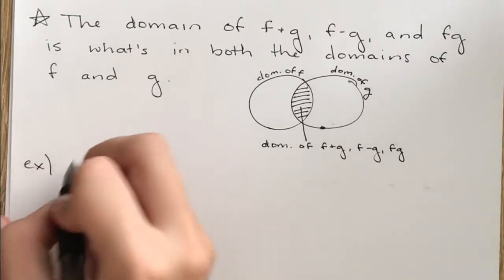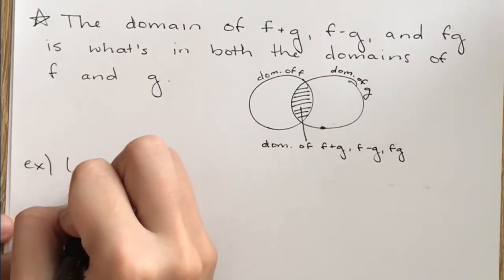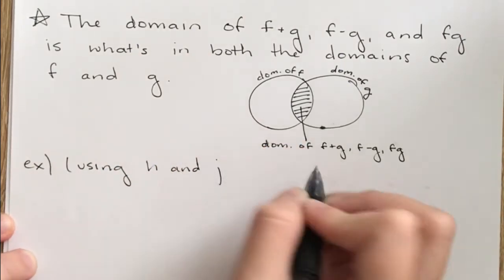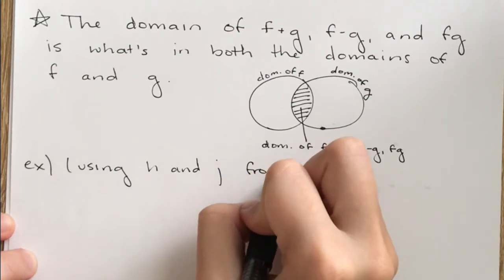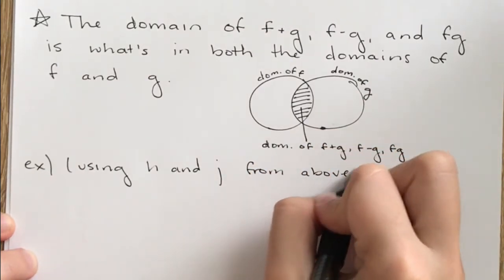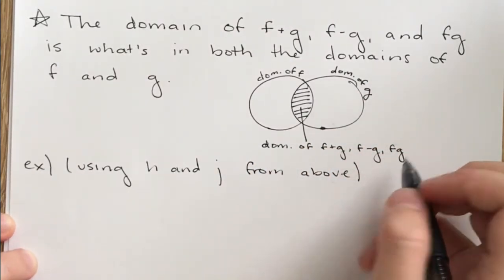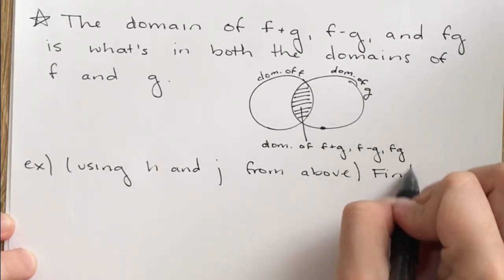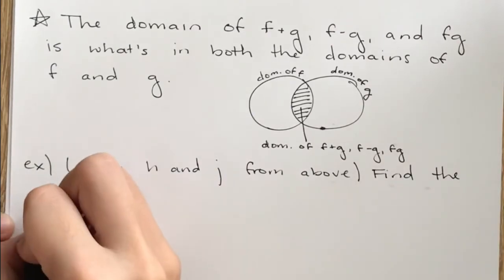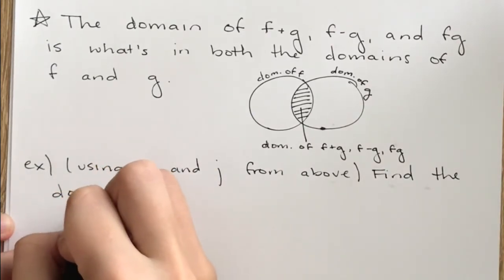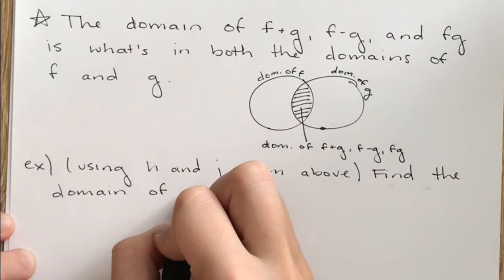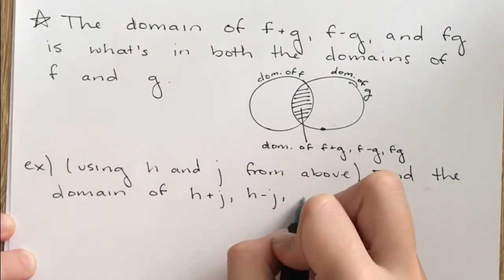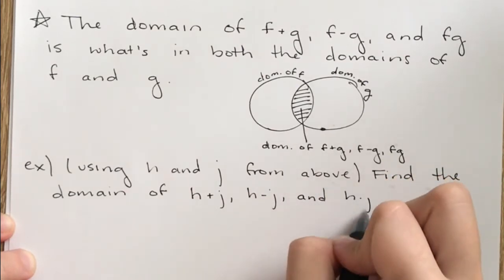So, using h and j from above, find the domain of h plus j, h minus j, and h times j.